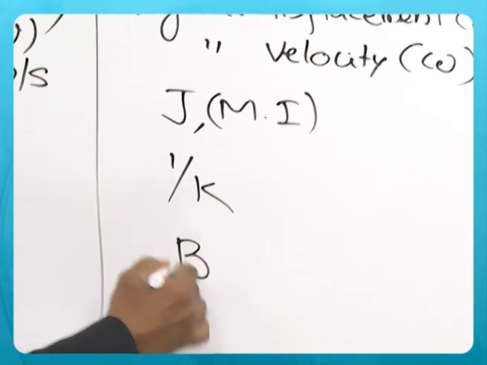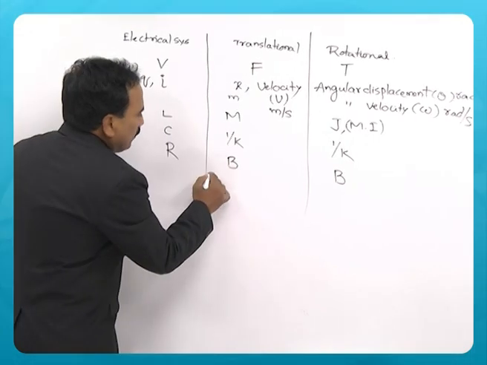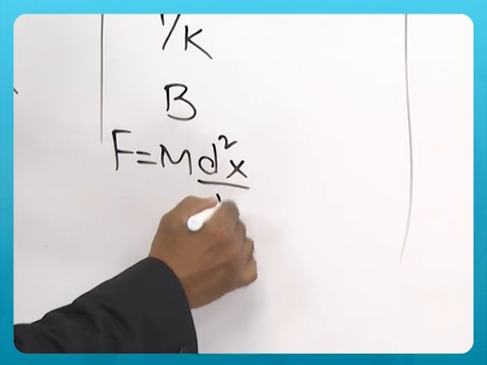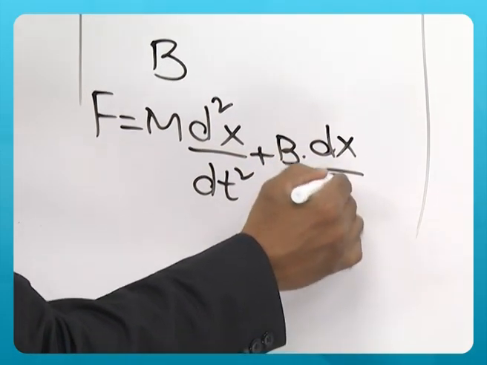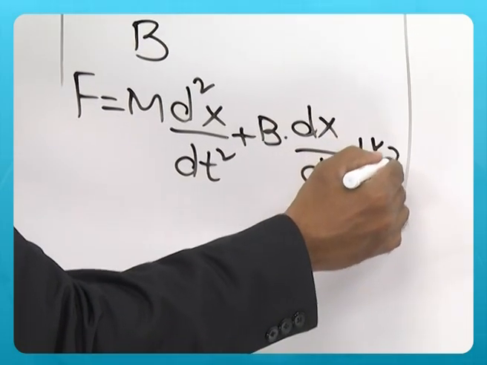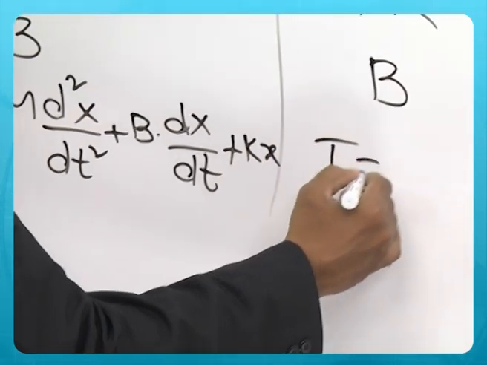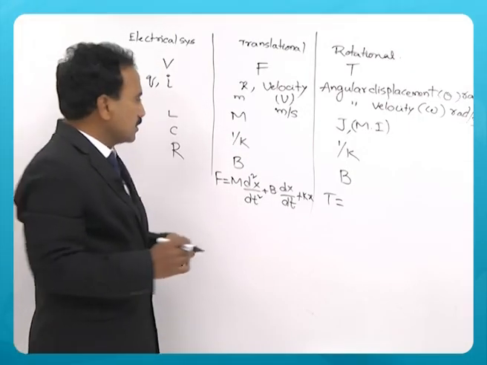So, the equation when we have written for force, m d square x by dt square plus b dx by dt plus kx in a mechanical system, here torque is the force applied in a rotational system.